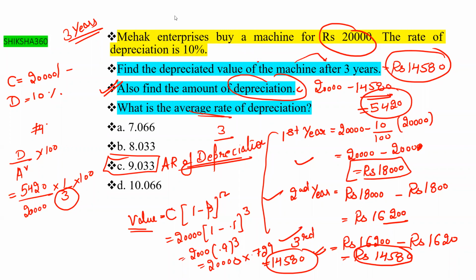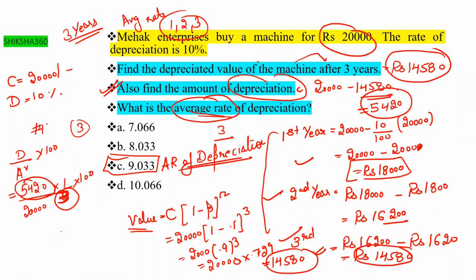The third question is what is the average rate of depreciation, clear? Here we have depreciation calculated for 3 years, 1, 2, 3. So this is the total depreciation of 3 years. For average, we have to divide it by 3 because we have calculated the depreciation for 3 years.